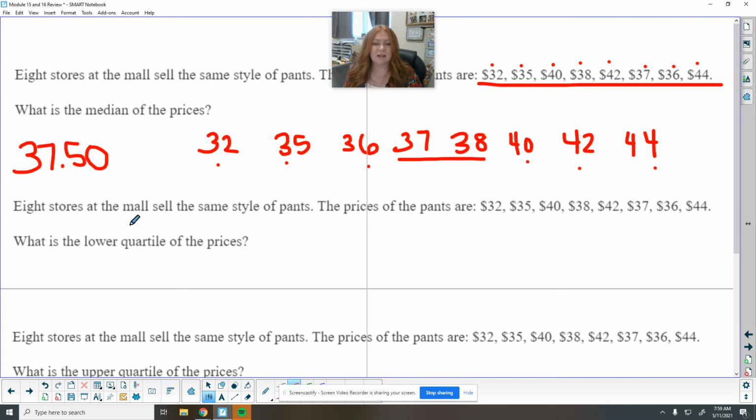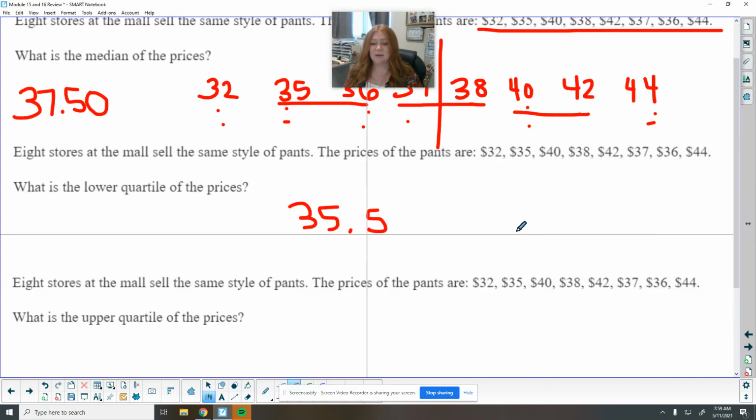So now we're going to find the lower quartile. So since we had 2 of these here, we've got to split them and give the 37 to the lower quartile and 38 to the upper quartile. So now finding the lower quartile, we've got the middle here is $35.50. And then the upper quartile, got these here, the middle of those are $41.